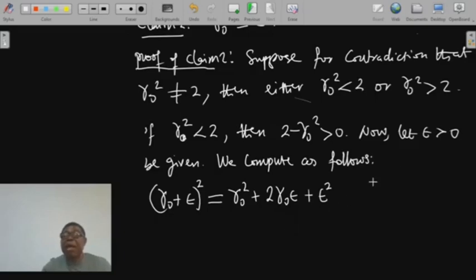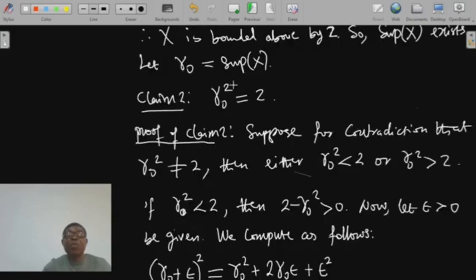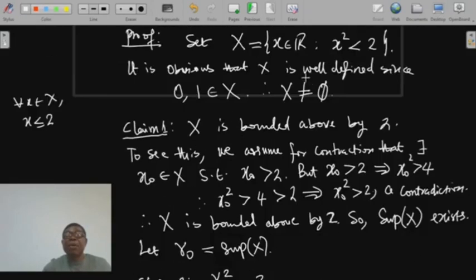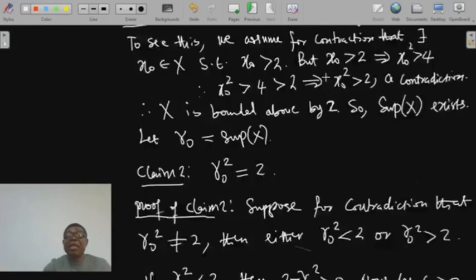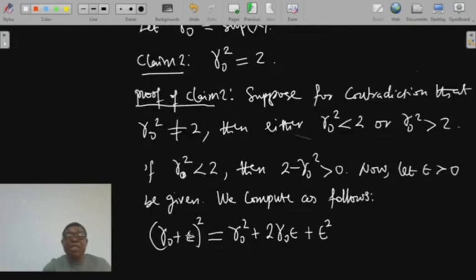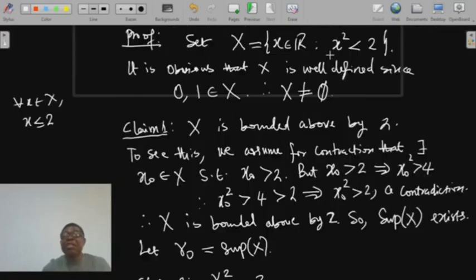So here, I'm taking epsilon bigger than 0 to compute this gamma naught plus epsilon squared. If we do gamma naught plus epsilon squared, and we're able to get that this particular thing is less than 2 for a certain range of epsilon, then that will contradict the fact that gamma naught is the supremum of this particular set, X, because we've gotten something that is more than gamma naught that will still be a member of this set.